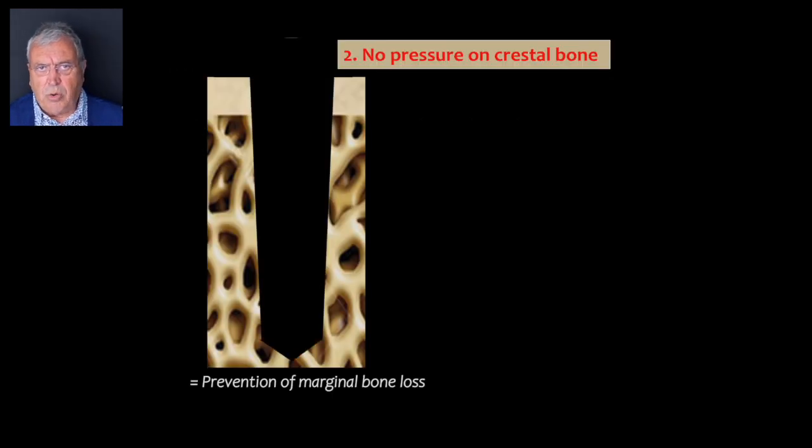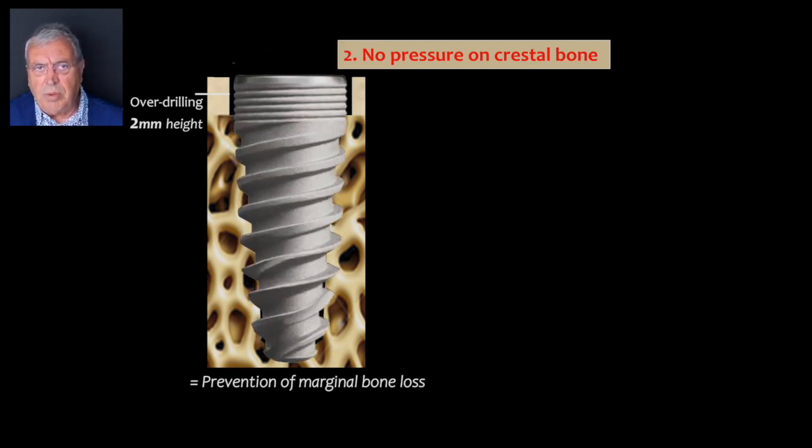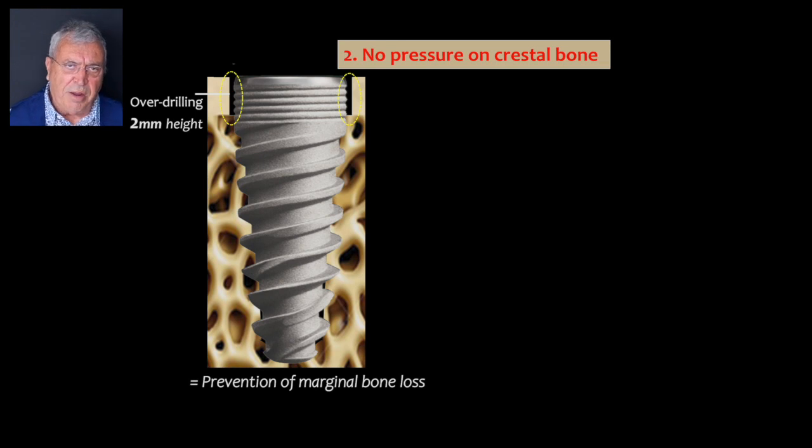No pressure on crestal bone. This is what we should do all the time when we do the preparation for the implant. Overdrilling just in 2 millimeter height. Why? In order to avoid any contact between the implant and the cortical bone. But we have another benefit.